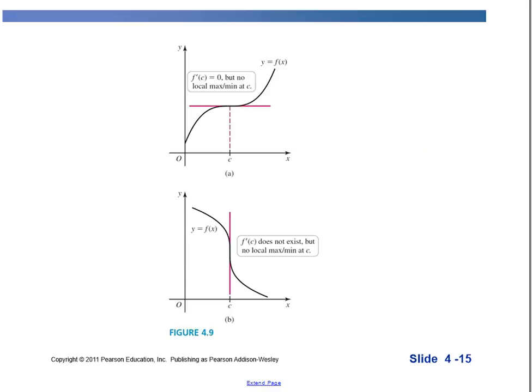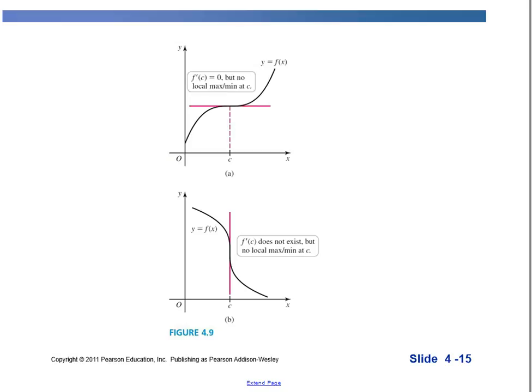Okay. Some other kind of strange cases. Here's one where the derivative is equal to 0, right, because our tangent line is horizontal, but it doesn't actually create a maximum or a minimum. So that theorem doesn't go both ways. Later we'll talk about this when we talk about concavity. This is an inflection point. Most importantly, it did have a critical value there, but it did not create a maximum or a minimum.